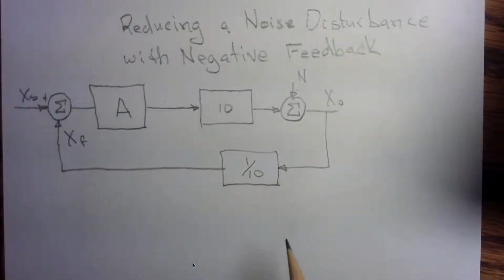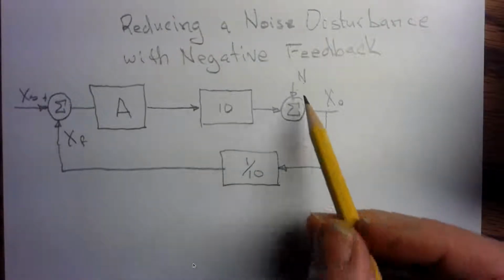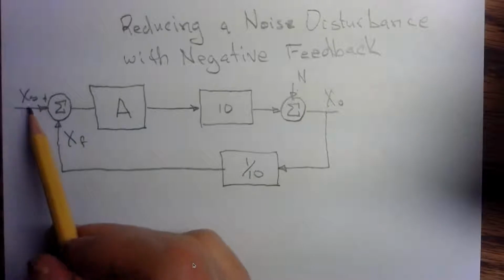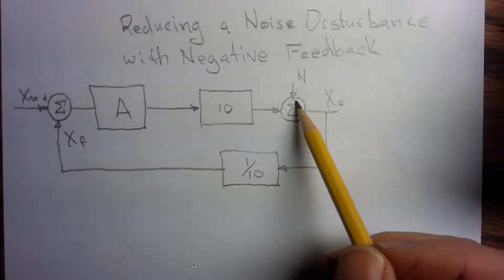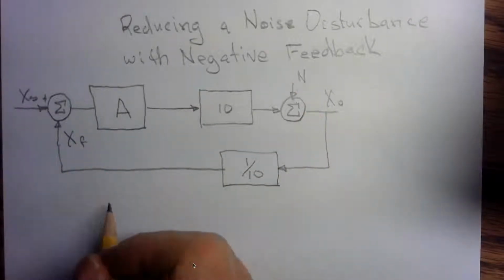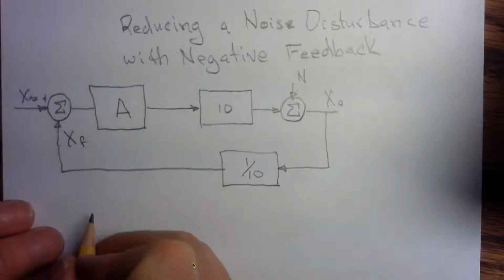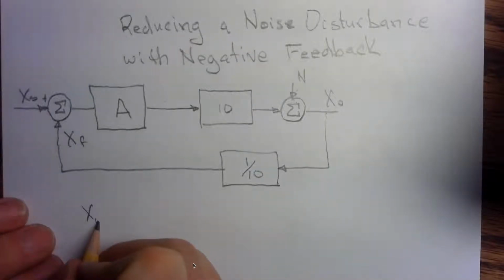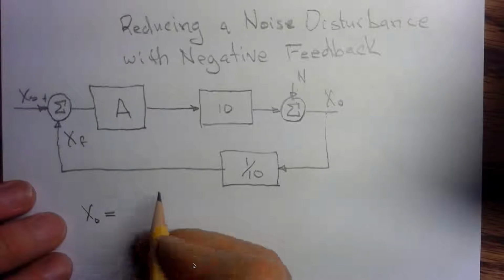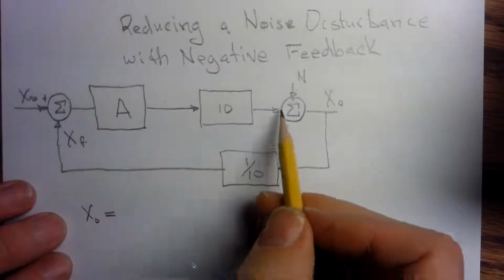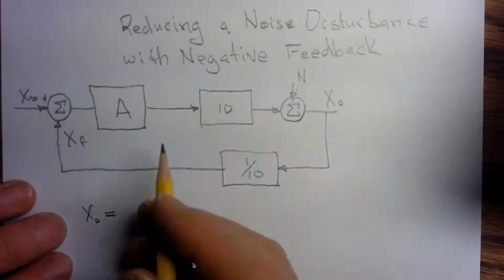Let's look at how this works. This is a linear block diagram, so what we can do is find out first the output due to XS and then the output due to N. So if we do that, we end up with X out equals, and if you recall, this whole thing right here is like a big gain of 10A.